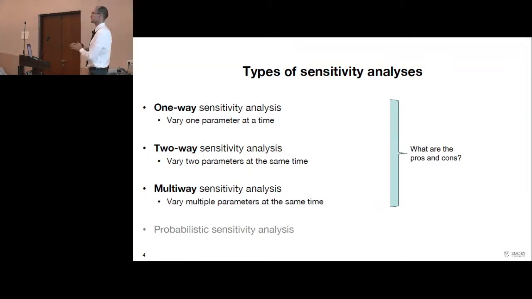That's not how it works. In reality, many parameters can have different values. So the multi-way sensitivity analysis gives us a better picture of what can happen in the real world, but the one-way gives us a better sense of which parameters are the ones that drive the result.